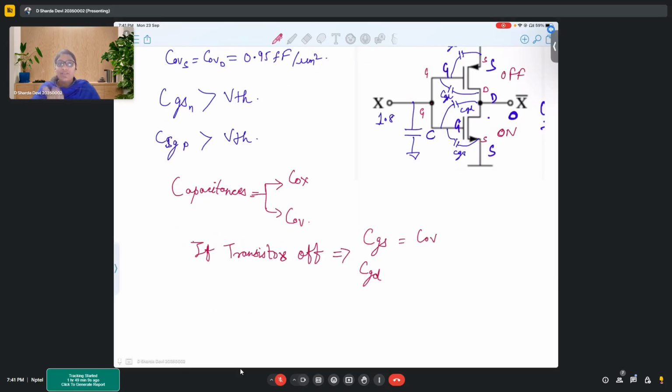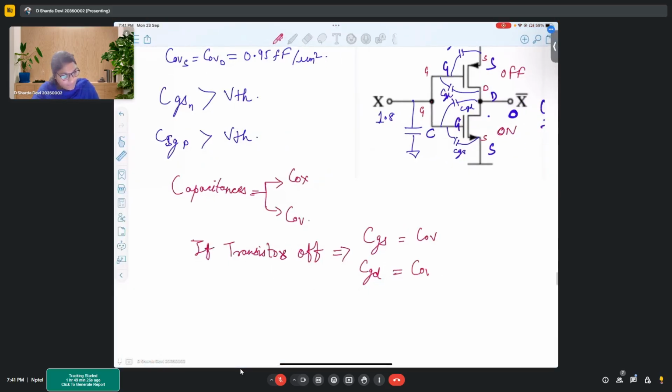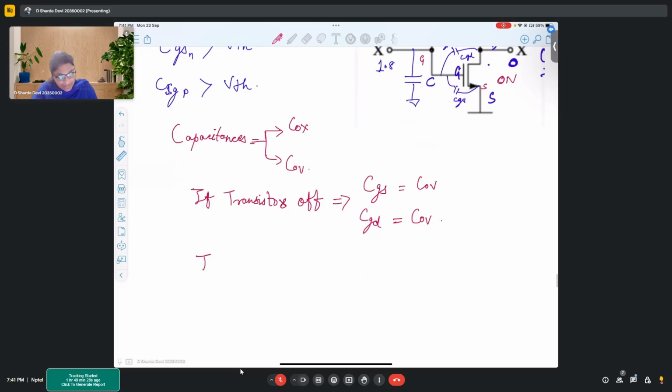Now, if we talk about gate and drain capacitance, again, we know that on the drain side, the potential is at zero. So that's why it will be again Cov. Now, let's say if the transistor is on.